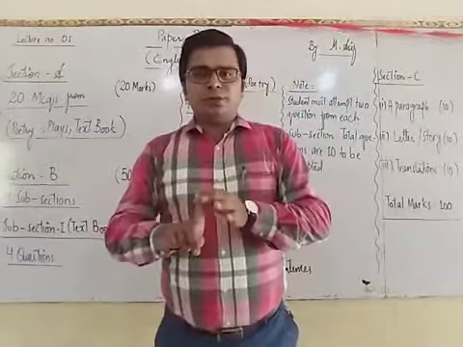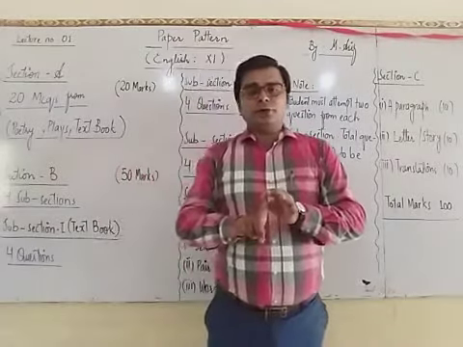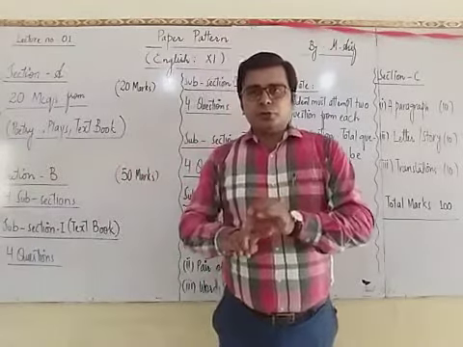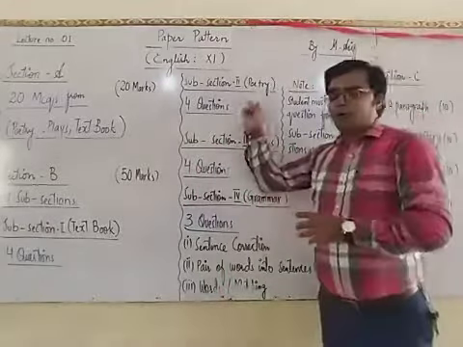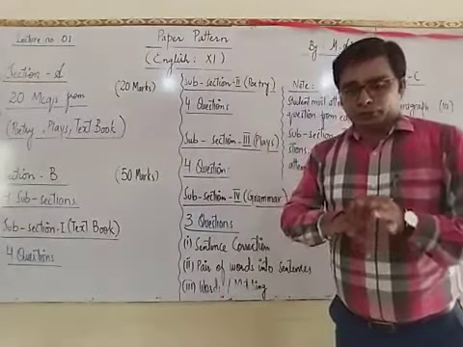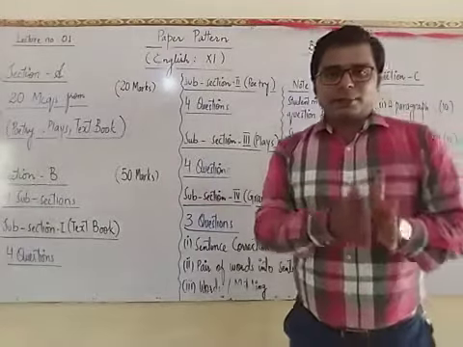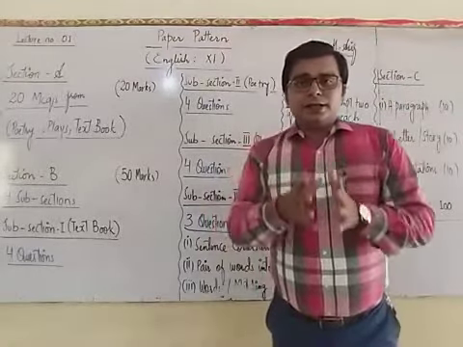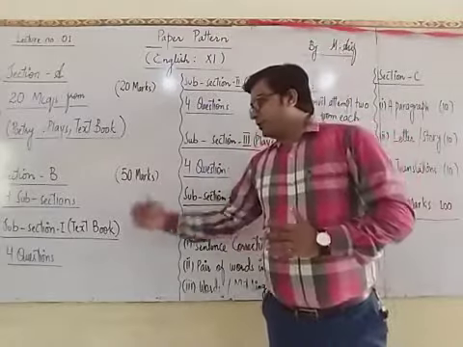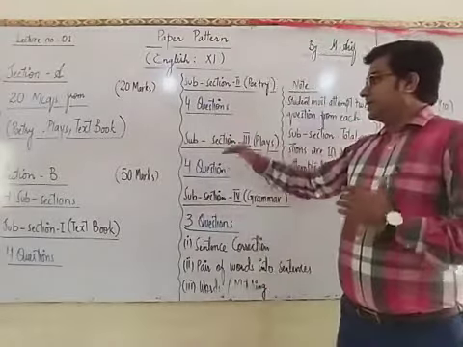Means section B contains 4 subsections. In subsection 1, taken from the textbook, you have 4 questions. In subsection 2, taken from poetry, you also have 4 questions. In subsection 3, taken from plays, the third part of your book, it also contains 4 questions. Means you have 12 questions till subsection 3.